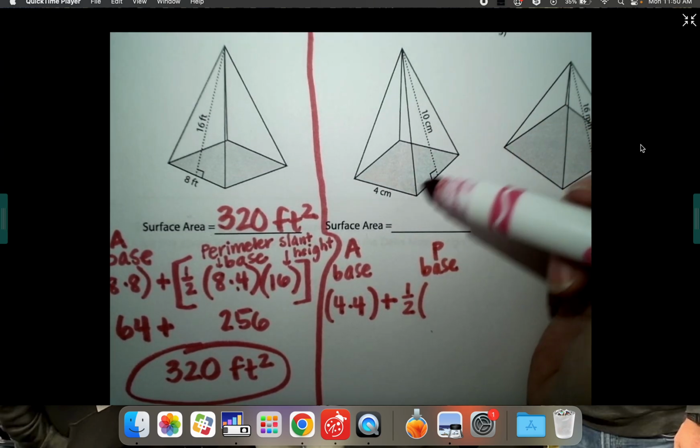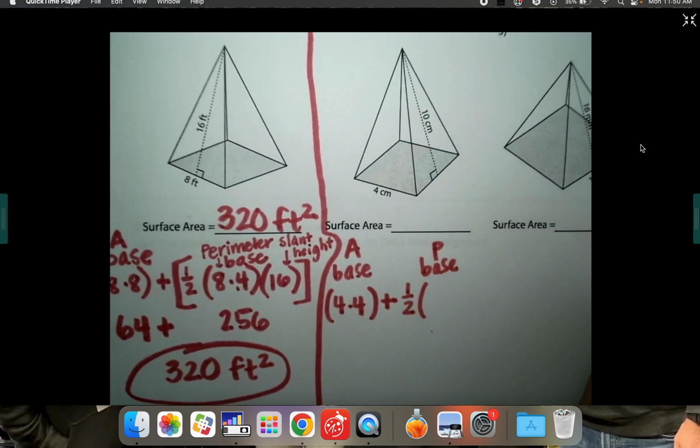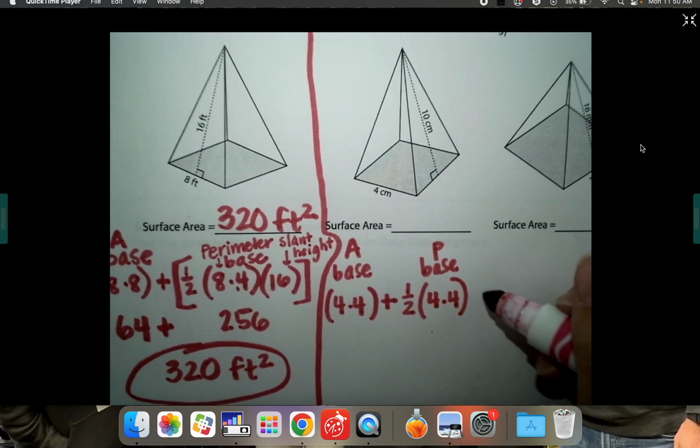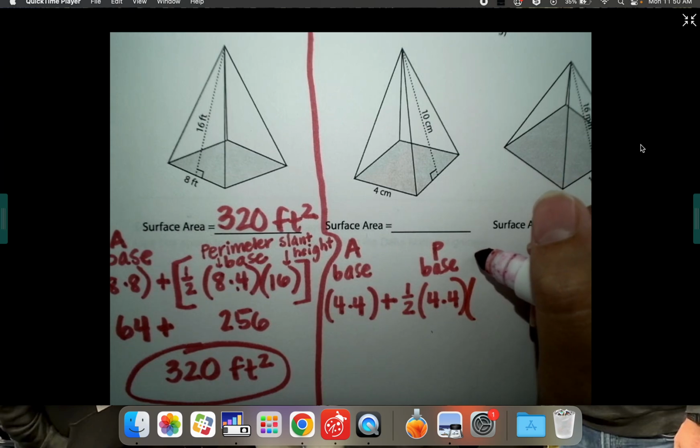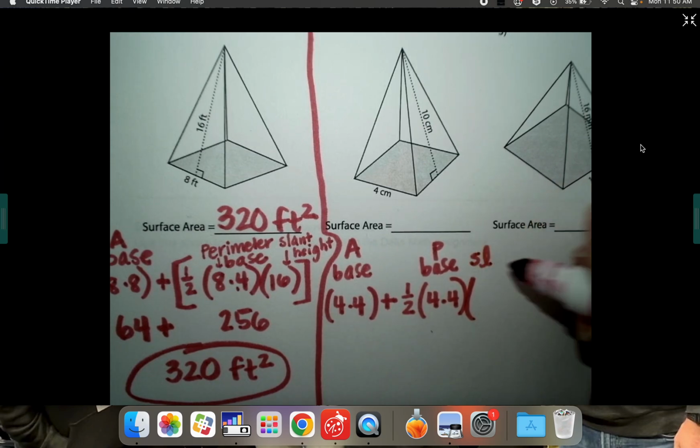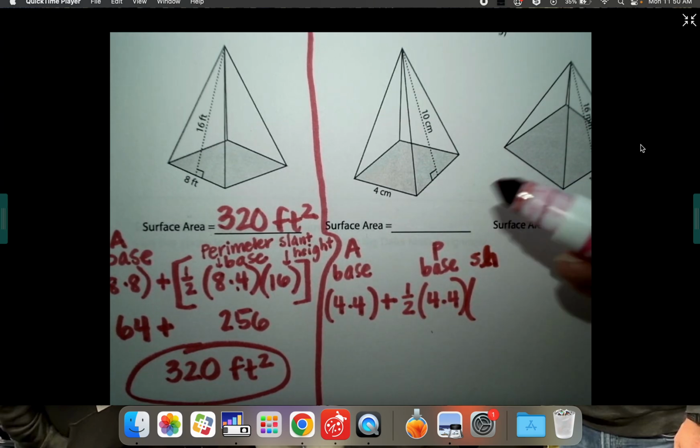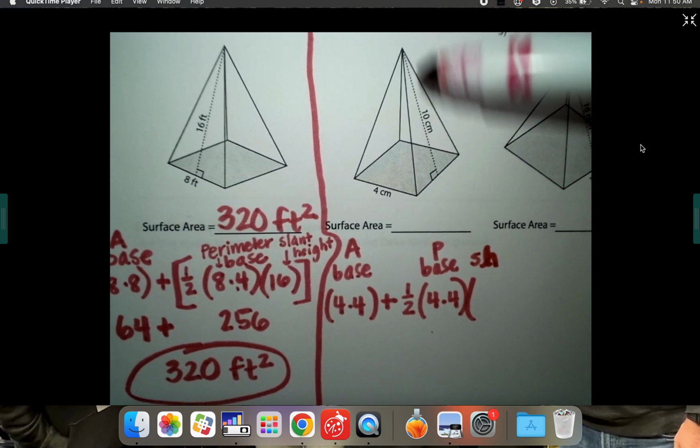The perimeter is 4 plus 4 plus 4 plus 4. So 4 of those, times 4 sides again. You're going to get the same answer as just 4 times 4. And then that whole thing is times, I'm just going to abbreviate SH for slant height. And our slant height is 10.